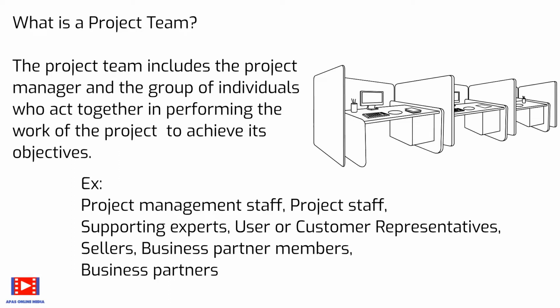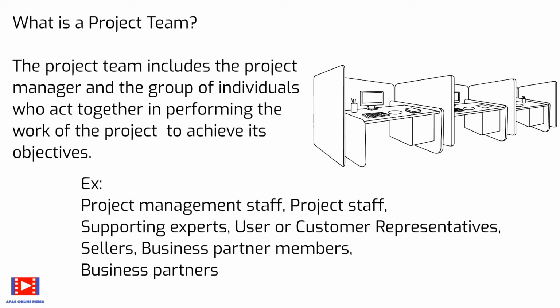It could be user or customer representative, where the members of the organization who will accept the deliveries of products of the project may be assigned to act as representatives or licensed to ensure proper coordination. It could be sellers, also called vendors or contractors, that can be external companies that enter a contractual agreement to provide components or services necessary for the project.